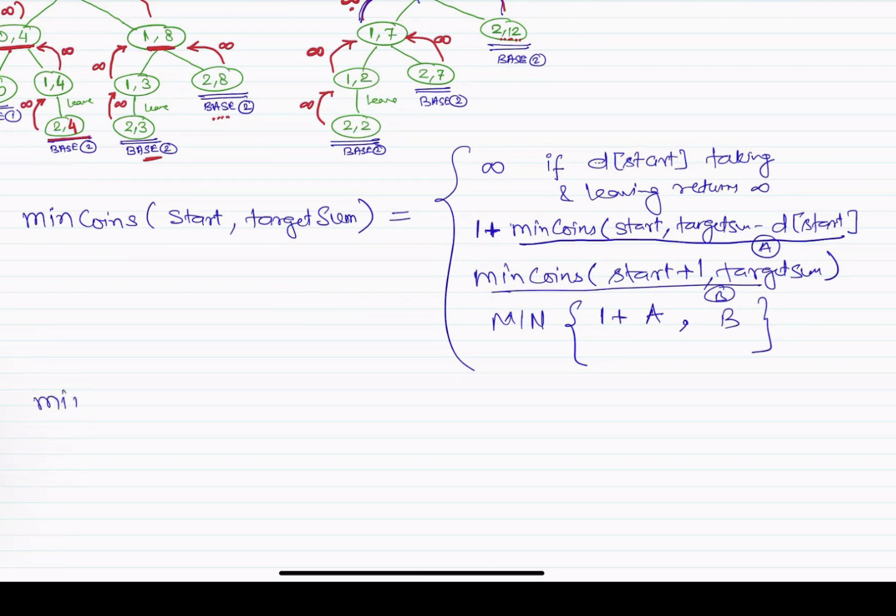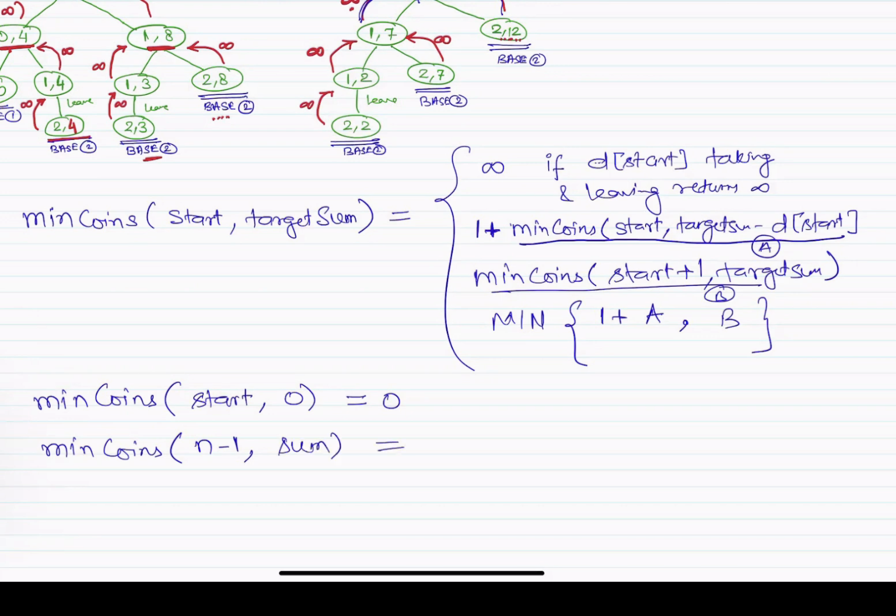Now, coming to base cases, we know that minimum coins of sum 0 is going to be 0. If the target sum is 0, the answer is 0. Next, imagine if we have reached the last index in the denomination array, whatever the sum is, then there are two possibilities.